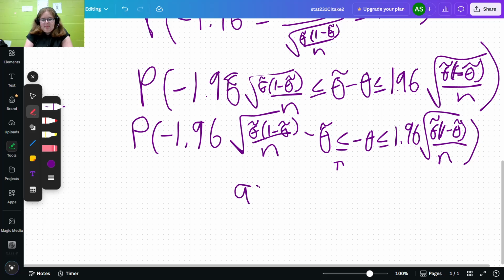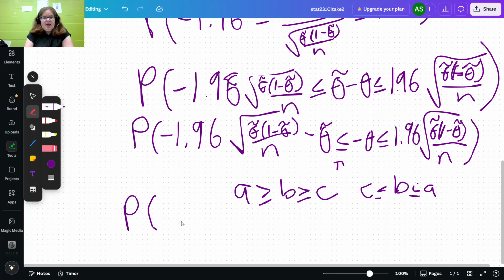So once I multiply everything by negative 1, I'm going to have something that looks like this. And then if I want to just write this as less than or equal to signs instead, I can just flip the A and the C like this. And you'll see that these are the exact same thing. So I'm just combining those two steps where I'm multiplying by negative 1 and flipping the signs like I showed here.